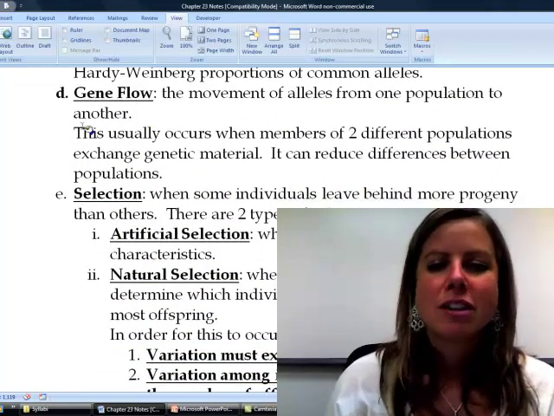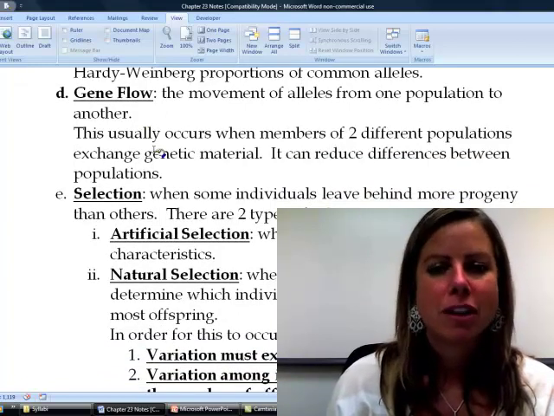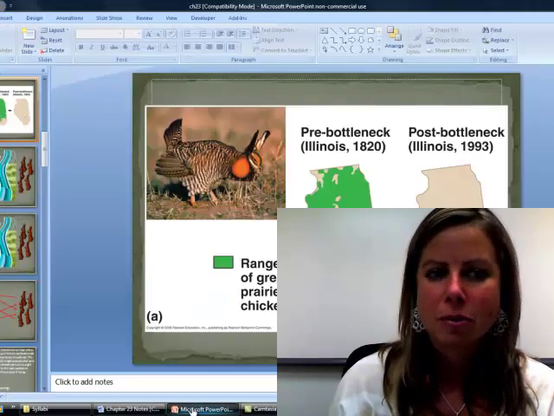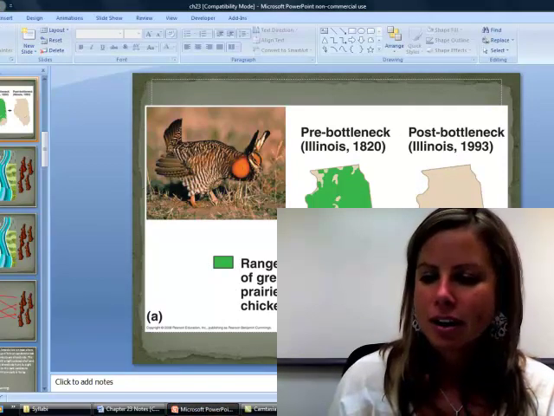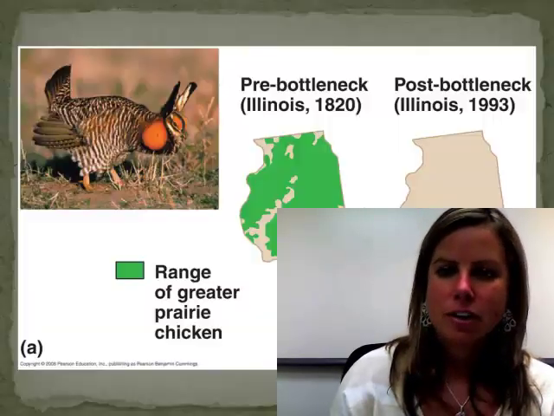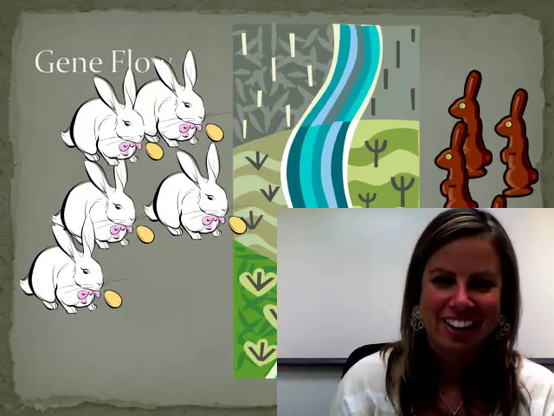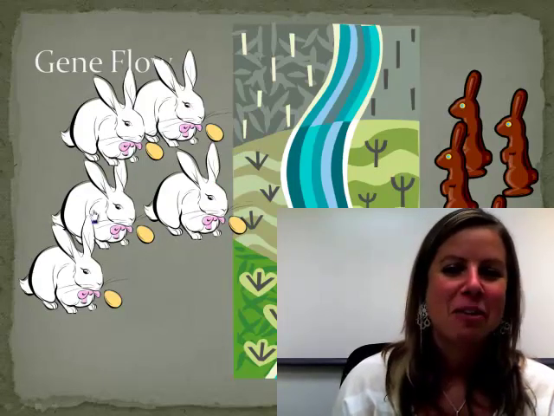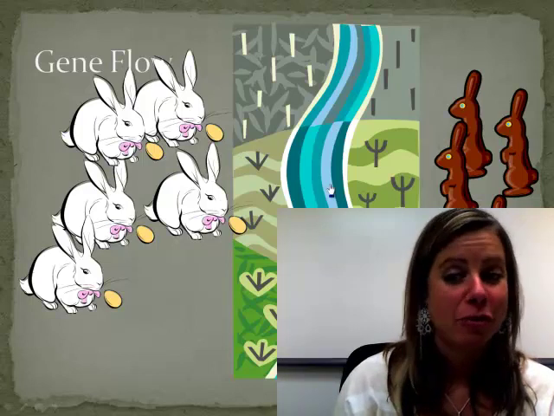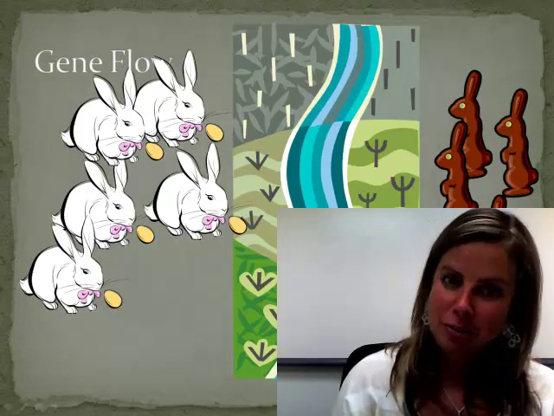Okay, the next one is gene flow, and gene flow is where you have alleles from one population moving over to alleles of another population. So if you look here, this is the most hilarious drawing ever. Okay, so you've got white bunnies here. This is a river, and these are brown bunnies over here.